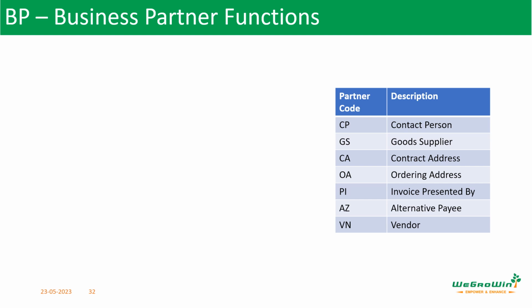So that will be created as a different partner function. Then we'll have the contact address, which is different, that is CA. And there is some other place where you have to send the invoices, which will be defined as PI. And there may also be an alternative, which will be defined as AZ. All these can be created and entered in the partner function screen in the partner when you are defining it.